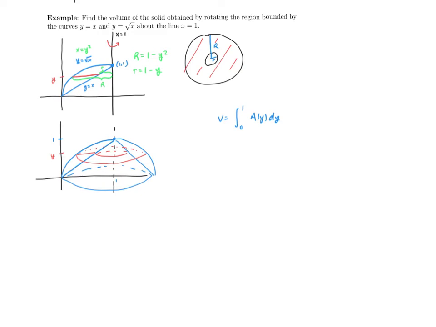So the area of our washer, A of y, is going to be pi times big R squared minus pi times little r squared. And because we are going to evaluate the integral, I want to go ahead and simplify this first algebraically. So if we pull the pi out, which is common to each term, we have 1 minus y squared quantity squared. So y to the 4th minus 2y squared plus 1.